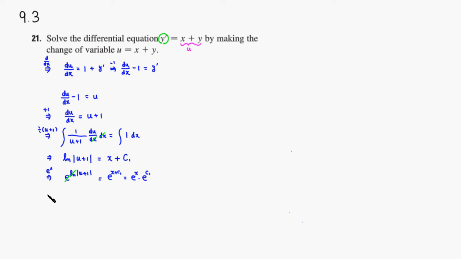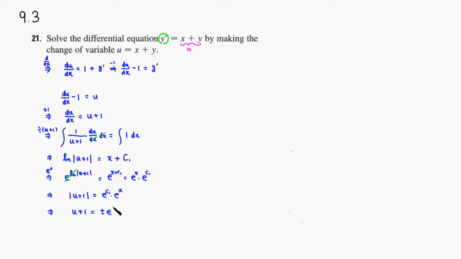So you get this. The absolute value of u plus 1 is equal to, I'm going to write the e to the c1 first, times e to the x. If you take away the absolute value sign, we have to look at the plus or minus option.